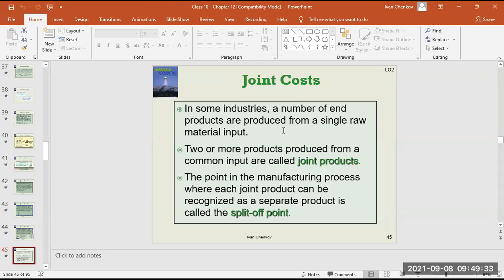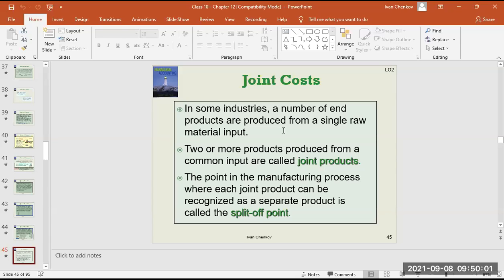Now, the next decision is the joint cost. In some industries, a number of end products are produced from a single raw material. It means that two or more products produced from a common input are called joint products. For example, I'm producing milk.